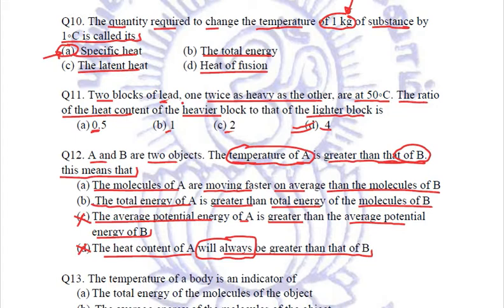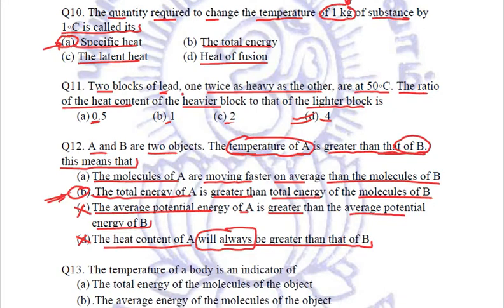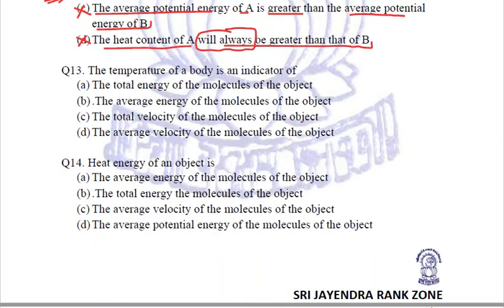The second option is the total energy of A is greater than the total energy of the molecules of B. So this is the better choice, that having higher temperature means the energy of the molecules of that substance is more. So we will go with choice number B. Clear? Let's see the next question.